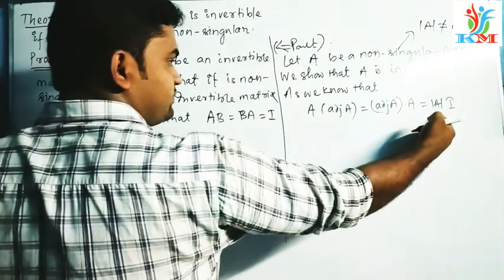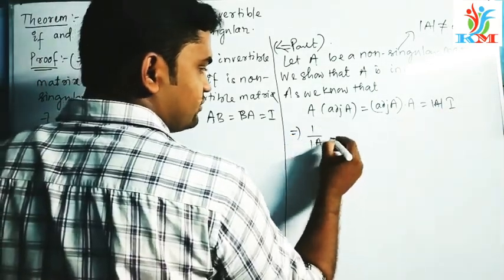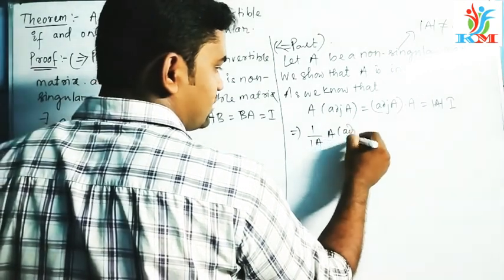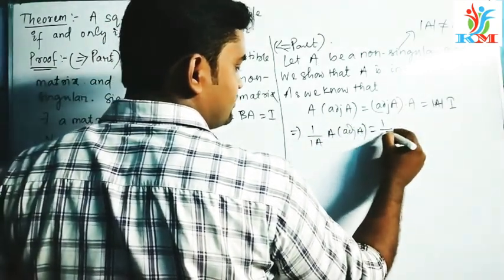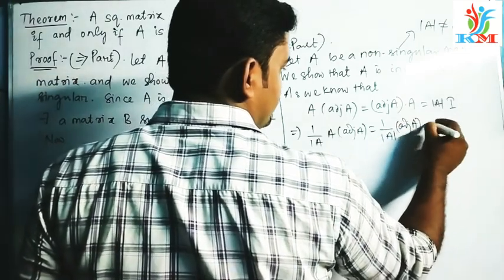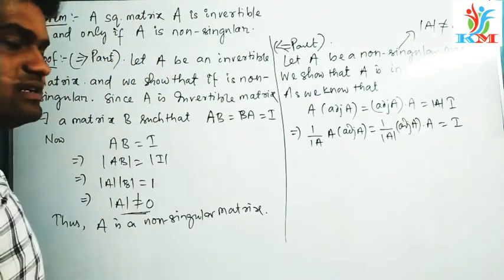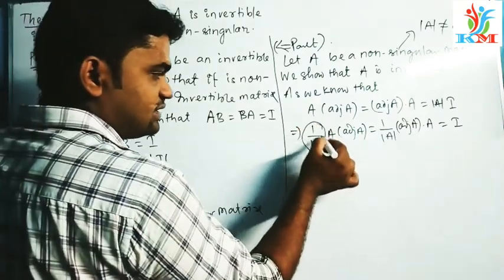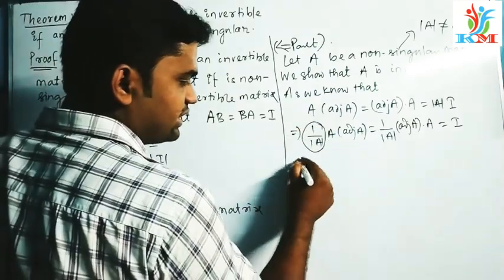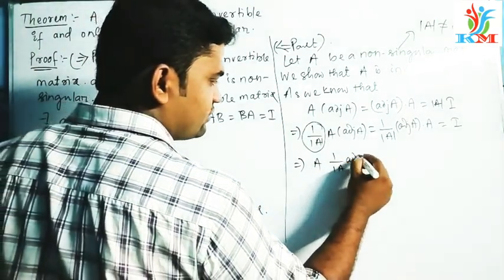So dividing the equation by determinant of A, we get A into adjoint of A, which is equal to 1 by determinant of A into adjoint of A into A, which is equal to I. Since it is a scalar quantity, we can write it as A into 1 by determinant of A into adjoint A.